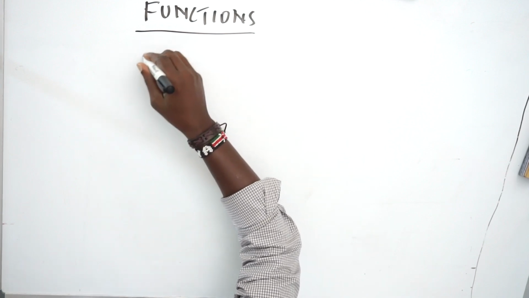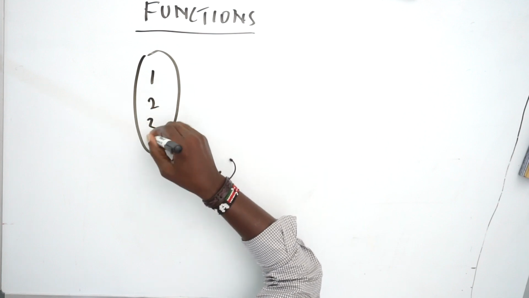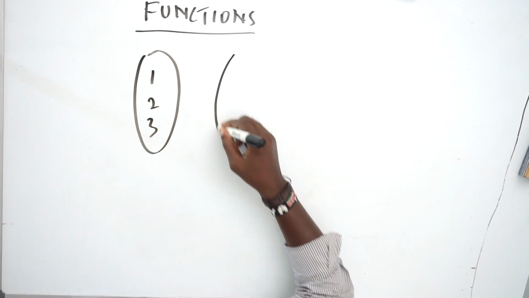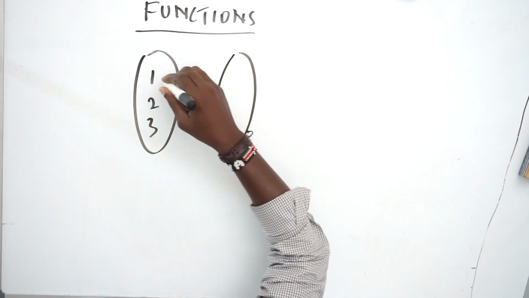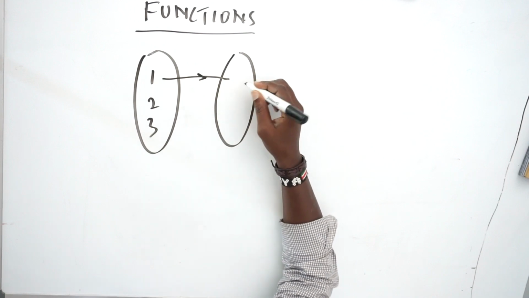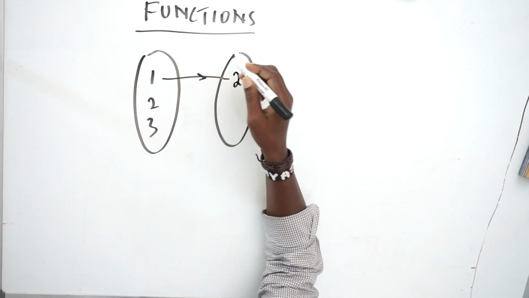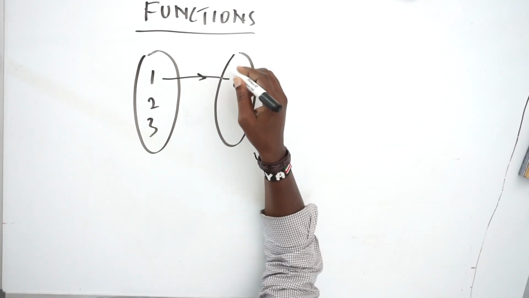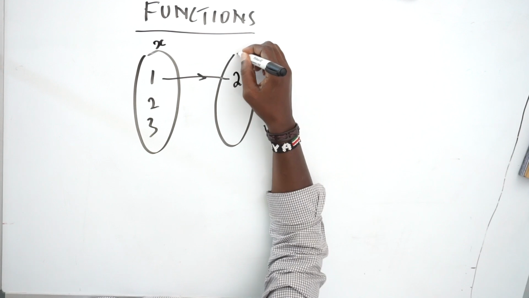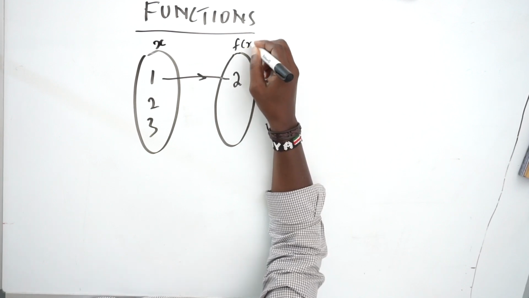For example, if I got this set of numbers 1, 2, 3, they could be related to another set of numbers that doubles them, so that 1 is related or mapped onto 2 in a relationship where the x set is mapped onto f of x.